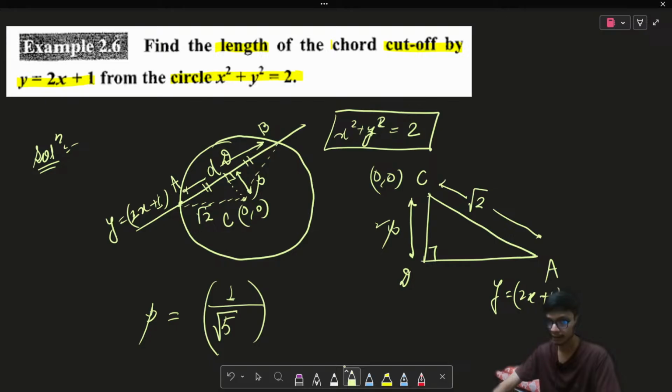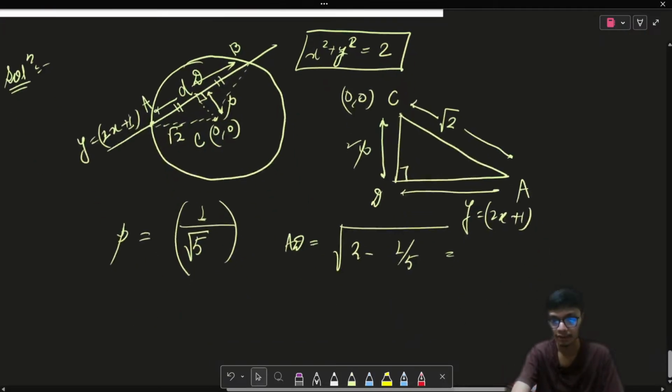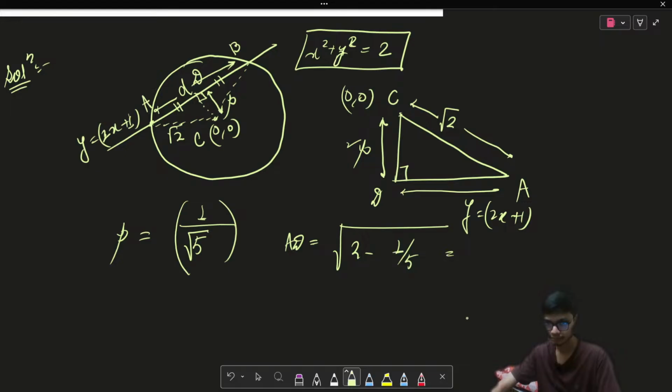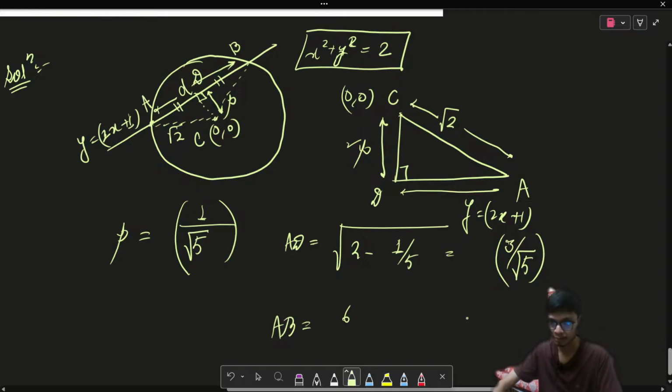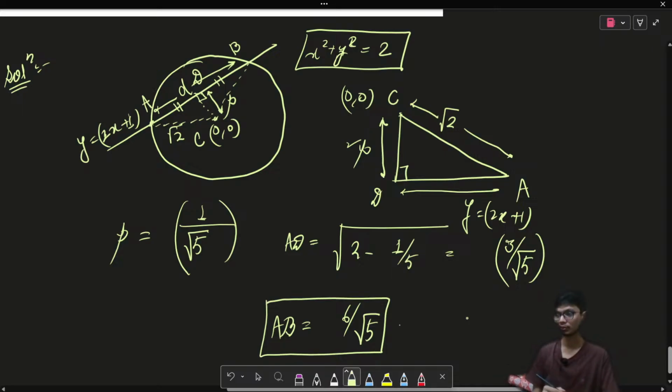Then you have to find out the AD distance. So your AD would be equal to square root of 2 minus 1 upon 5, and if you solve it, you're going to get 3 upon root 5. So from here, your AB distance is going to come out as 6 upon root 5.